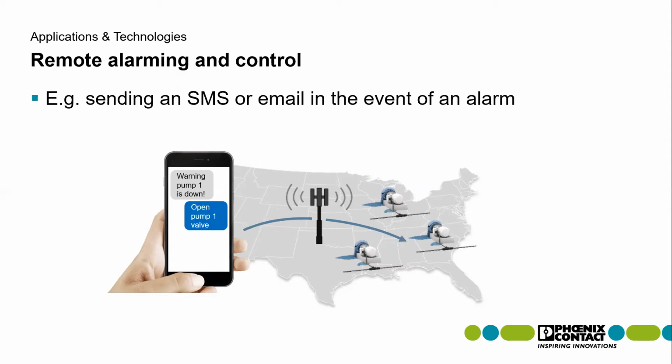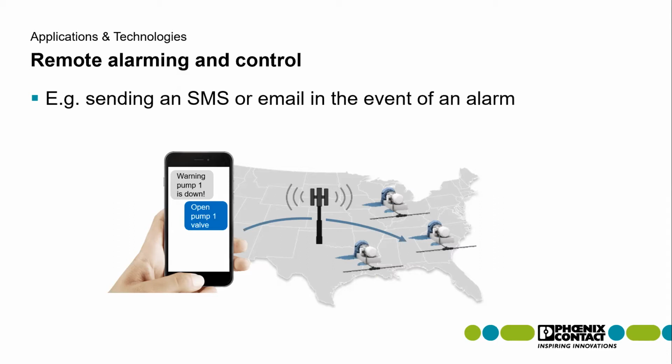Conversely, if it's something really simple, like I just want to open a valve or turn on a pump, maybe I can just send a text message to that device. I can turn on the output of the PLC and resume operations and fix the problem instantaneously just with a text message. I don't even have to travel to the site.